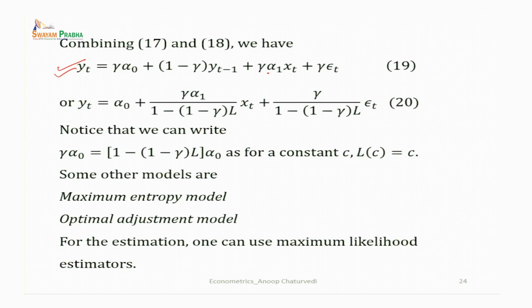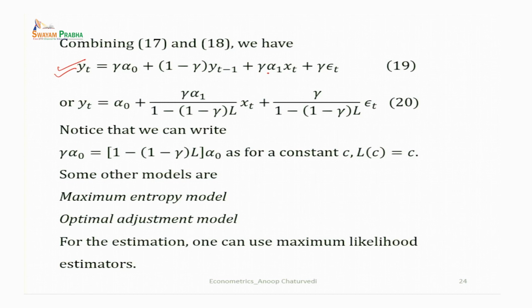And then here we write y_{t-1} equal to L y_t, and then we take (1 minus gamma L) y_t towards the left hand side. So, on the left hand side we obtain (1 minus gamma L) y_t, and then it is equal to gamma alpha naught plus gamma alpha 1 x_t plus gamma epsilon_t.